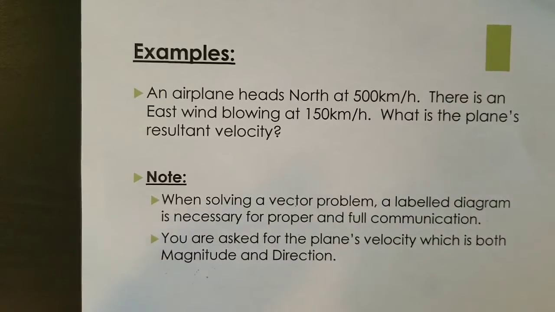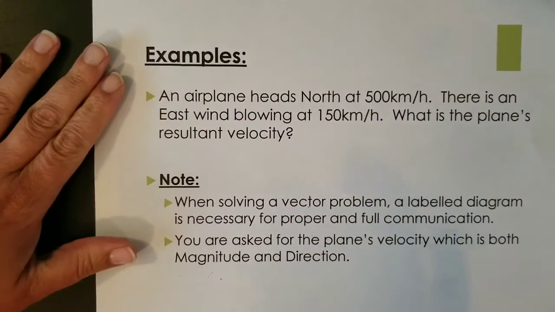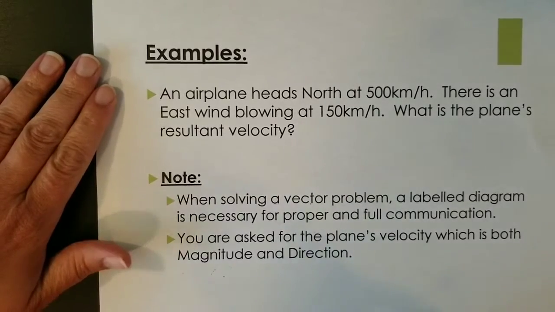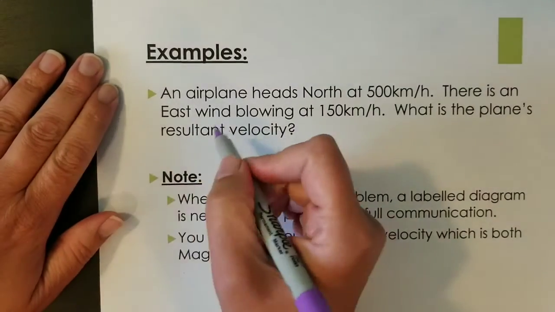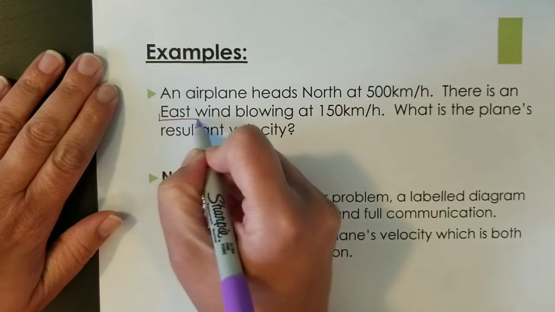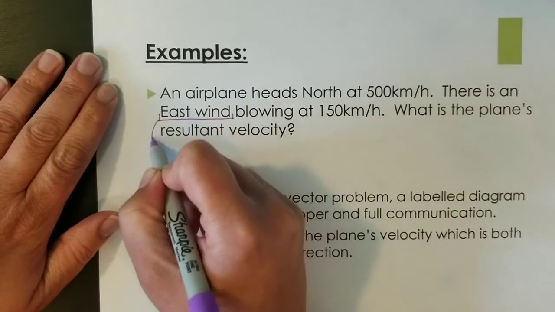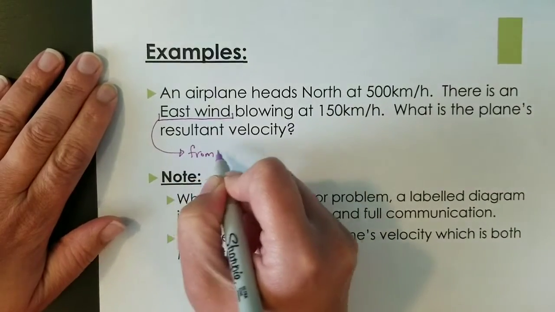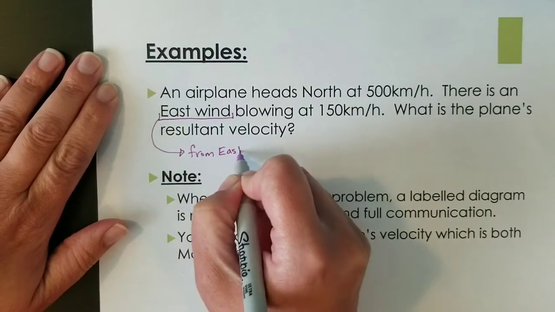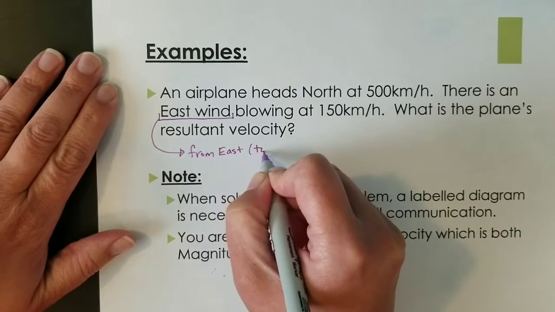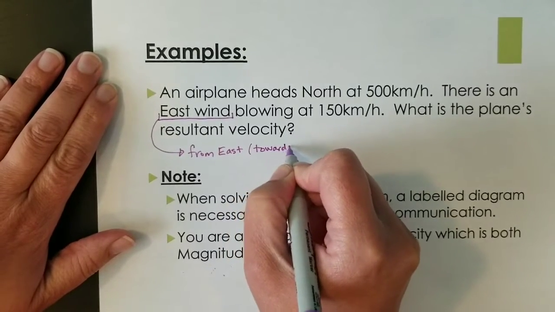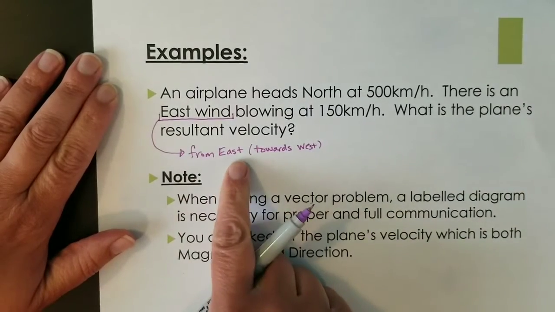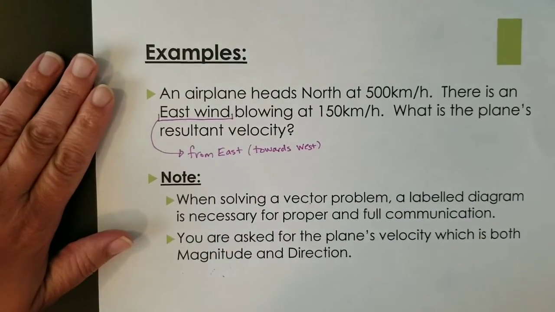If you have something called an east wind, and this is going to be the same obviously for a west wind or south wind, whatever it is, this means from the east. So this is measuring from east towards west. So the wind's coming from the east going towards the west.